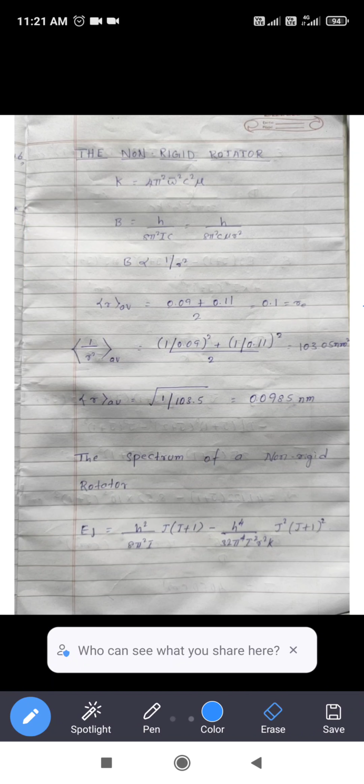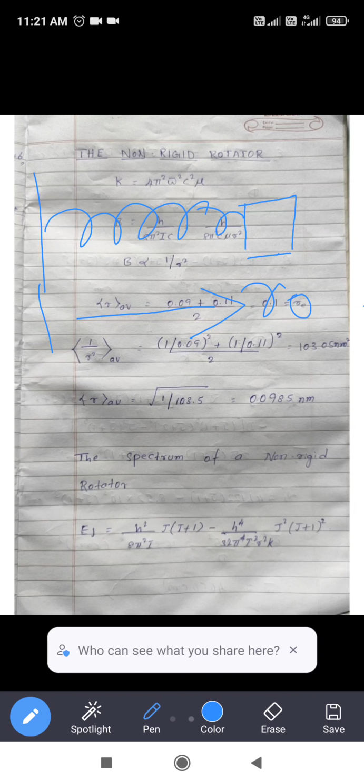This is the spring, and this is R naught. What is R naught? R naught is called the equilibrium distance. So the spring is stretched and compressed by an equal amount.